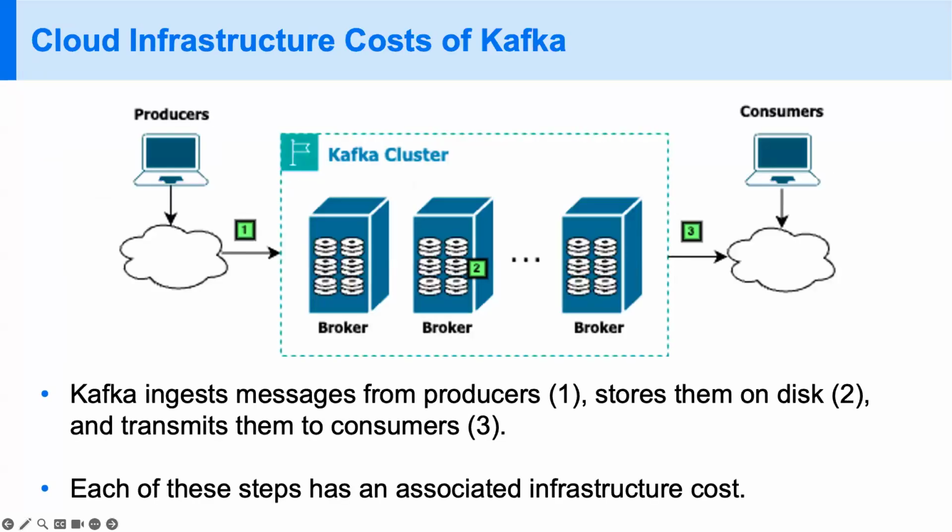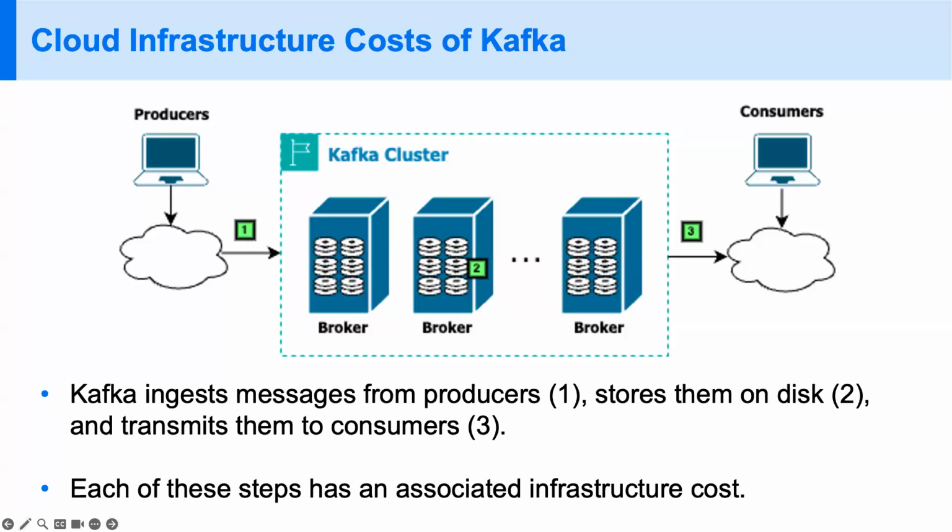Taking the 10,000-foot view of Kafka, it's a messaging system. It ingests messages from multiple producers, deployed everywhere, outside on the internet, within your network, etc. It stores them on local disk. This is the traditional model, storing everything on local disk. Then when the consumers come to consume those messages, it sends the data out over the internet to those consumers.